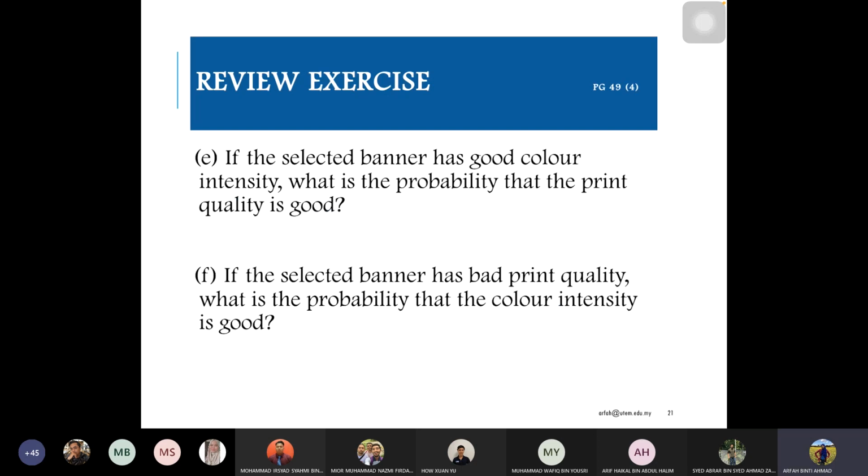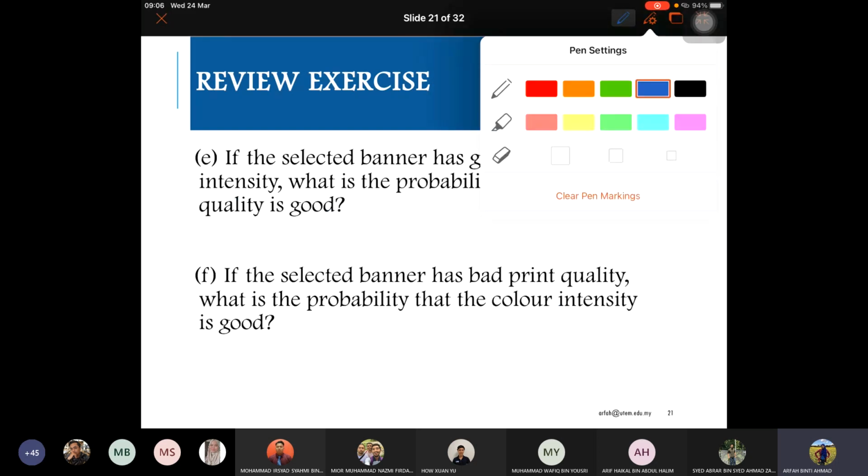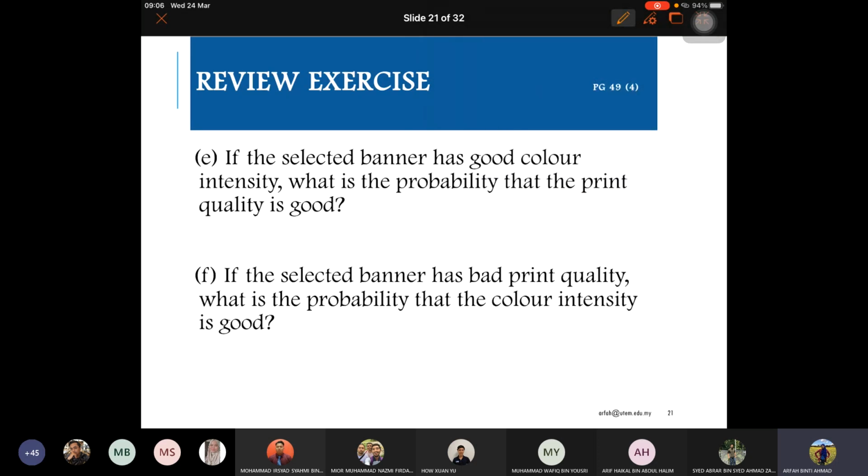So for this one, dia adalah conditional events. Okay, if you take a look at this one, yang ini sudah berlaku. If the selected banner has good color intensity, this one already occur. So good color intensity peristiwa mana? X kan? Okay, X. So what is the probability that the print quality is good? Yang ini adalah yang akan occur.